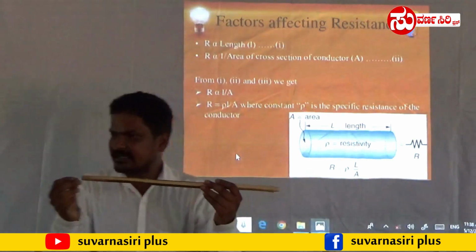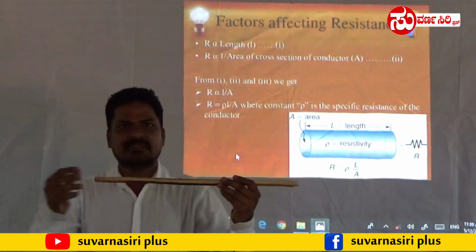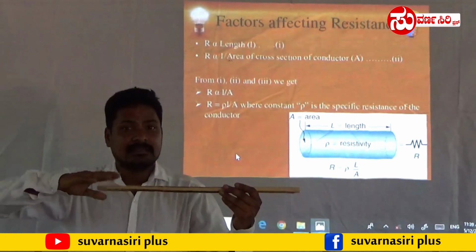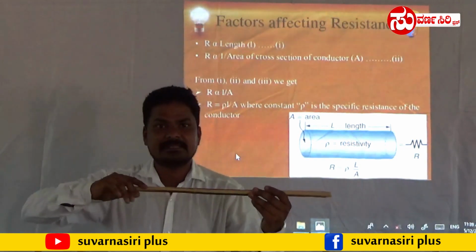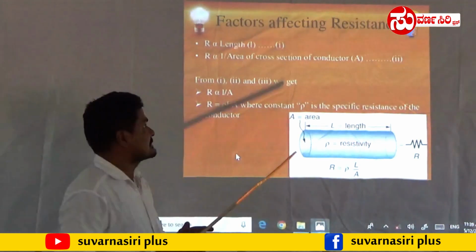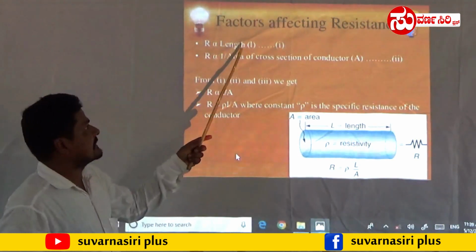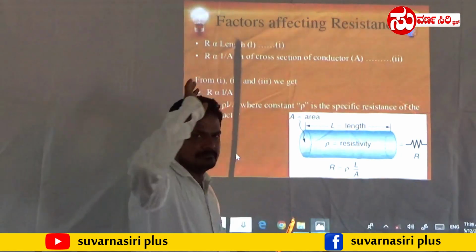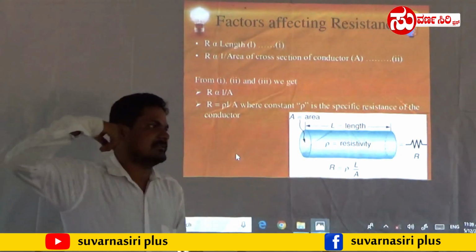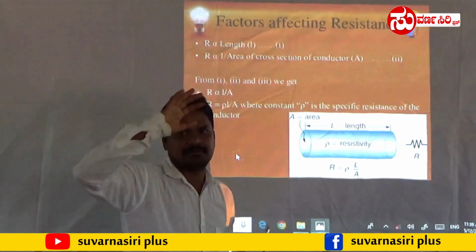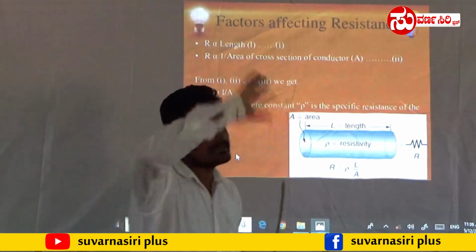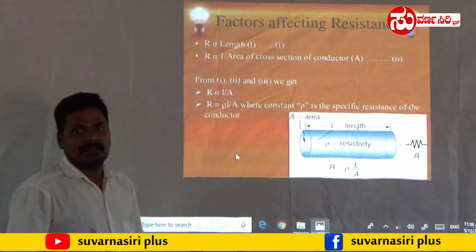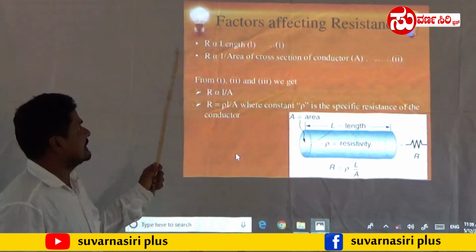If we increase the length of this wire, the resistance will increase and the current will become less. So resistance is directly proportional to the length. If the length of the wire is doubled or tripled, the resistance of the wire also increases.